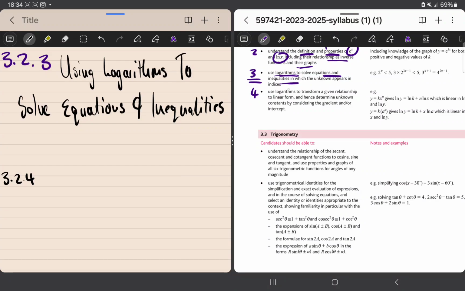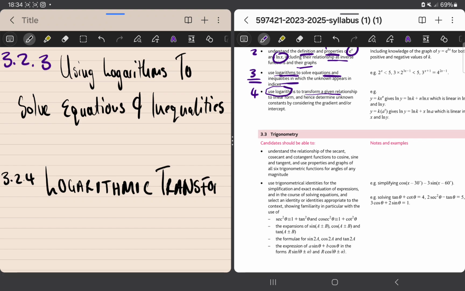What is that? Here they're saying use logarithms to transform. So these are called logarithmic transformations, okay? You can call it logarithmic transformations, or we can say linear modeling by logarithmic transformations. So we are going to use logarithmic transformations to model something to linear form, okay?